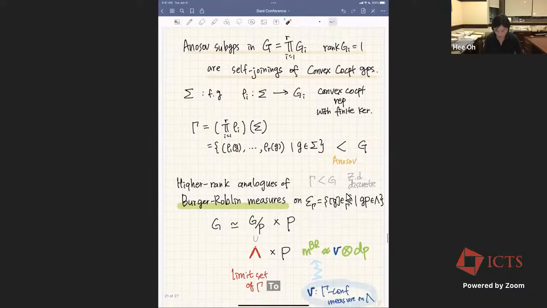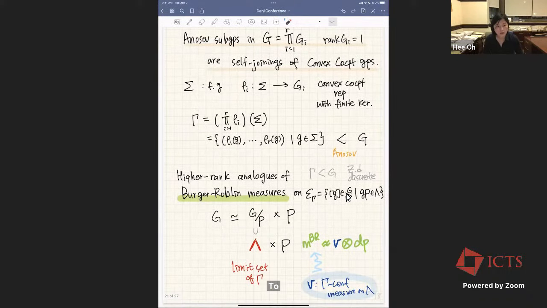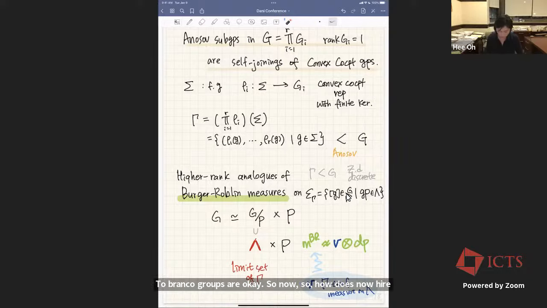Now, how does the higher rank analog of the Burger-Roblin measure look like? They look very similar. Again, I'm writing G as the measurable product of G mod P times P. And in G mod P, which is the Furstenberg boundary, there's a limit set.